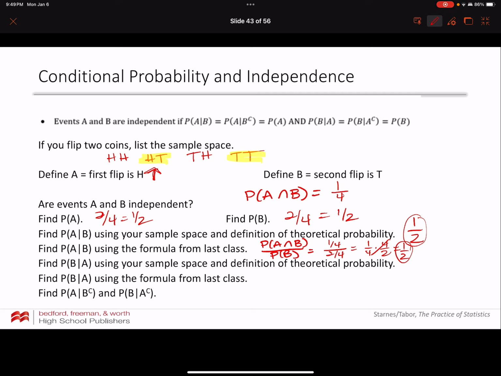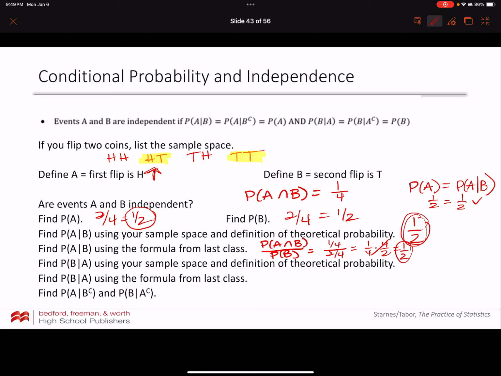Okay, so let's compare now the probability of A to the probability of A given B. So I can now say the probability of A is equal to the probability of A given B. 1/2 is equal to 1/2. Check, right? But now let's look at the probability of B given A, using my sample space.